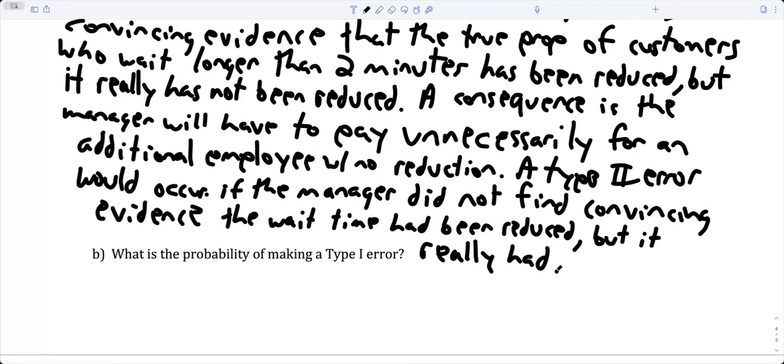Okay, and so a consequence would be we could have had better customer service but we did not achieve this because we thought that it was ineffective.